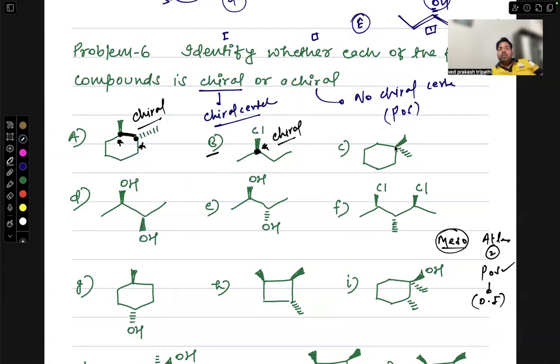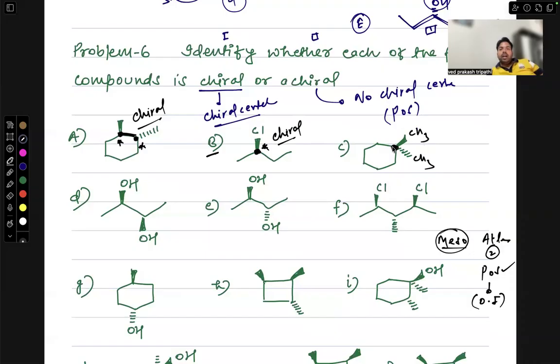Okay, what about C? How many chiral centers in C? You guys always get confused about wedge and dash. Look at the groups. Do not get confused about wedge and dash. Look at the groups. This is methyl. This is also methyl.